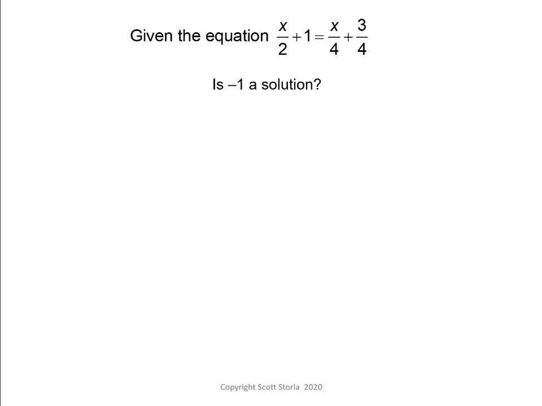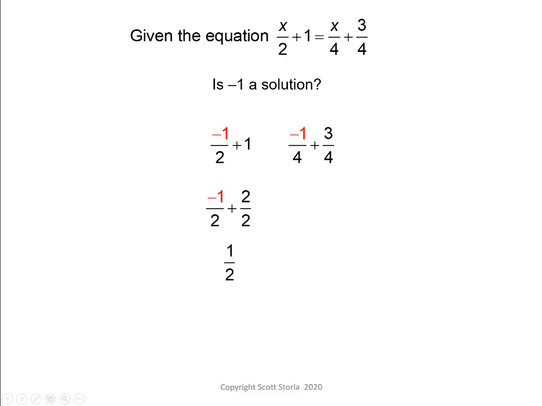And here's the last one. See if -1 is a solution for this equation. After substituting and simplifying, on the left I'll need a common denominator, so I write 1 as 2/2. I find that the left simplifies to 1/2.